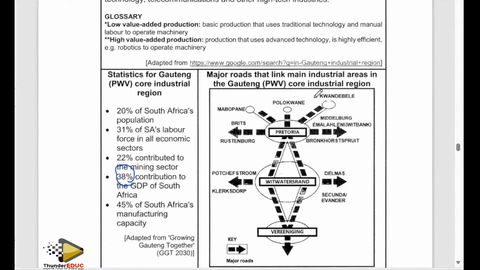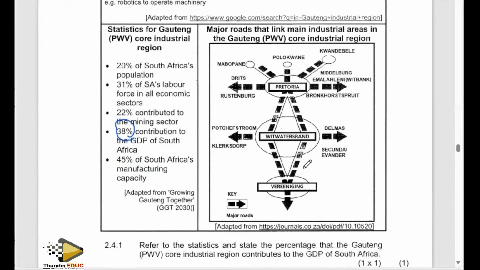We have these major roads here, as indicated. We want to justify how these roads are supporting the development of industries in this particular industrial region. So we can talk of maybe this route here. Why is it important? We are coming out of the Vernaken area, going south.